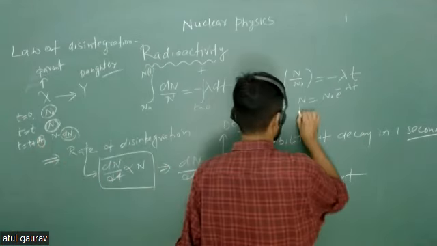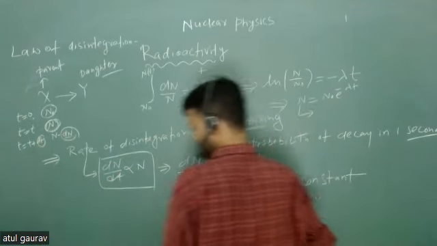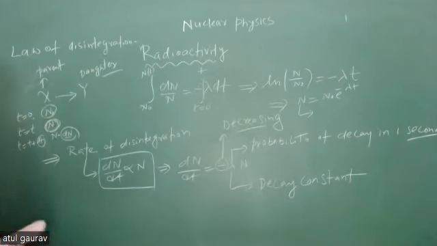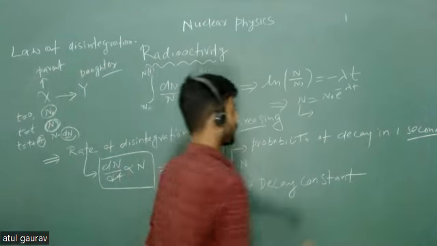Okay. So N is what actually here? Number of atoms after time t. Number of particles after time t. Number of undecayed nuclei, right?